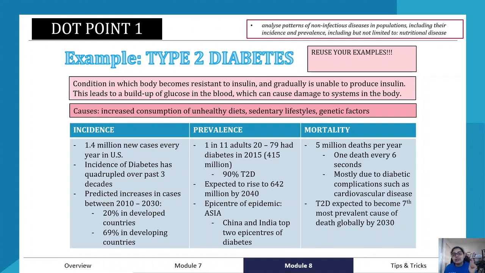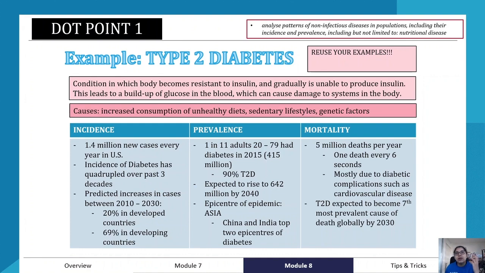Type 2 diabetes is when you've got a very unhealthy diet, a sedentary lifestyle, and also genetic factors, and that is going to, over time, lead to type 2 diabetes. If you're constantly eating unhealthy foods with high amounts of sugar, it starts off with your body becoming intolerant to insulin.